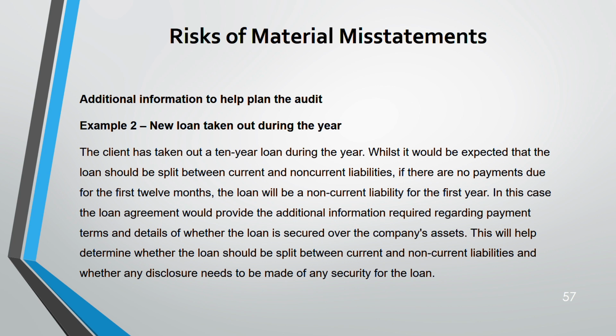So in this case, you might need some additional information. For example, the loan agreement will help you. That could be additional information. Through the loan agreement, you can understand the payment terms, and the details of whether the loan is secured over the company's assets or not. Also, this will help the loan to be split between current and non-current.